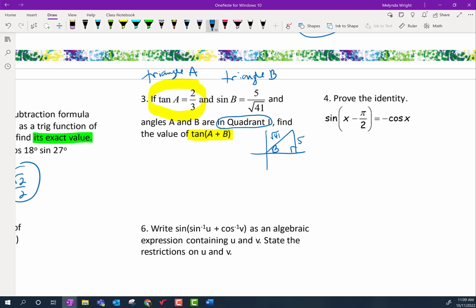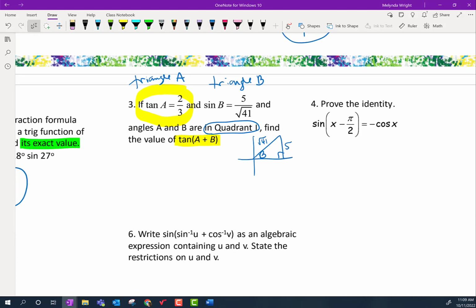So now I want to use Pythagorean to find out what that other side is. Let's see, 5 squared plus b squared equals square root of 41 squared. So b squared would be 41 minus 25.